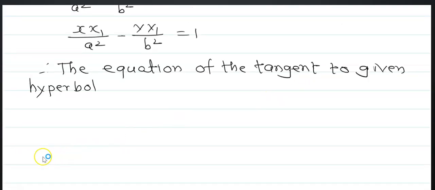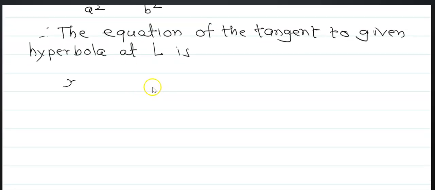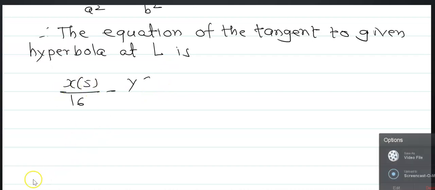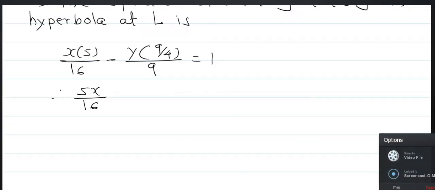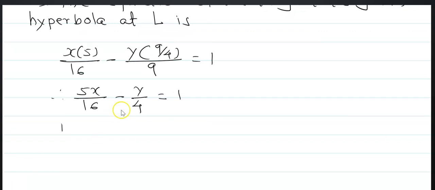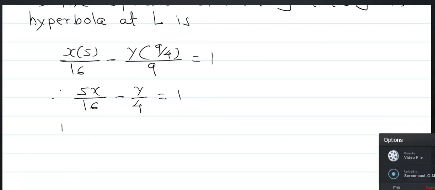Therefore, the equation of the tangent to the given hyperbola at L is x into 5 upon 16 minus y into 9 by 4 upon 9, that is equal to 1. 5x upon 16 minus y upon 4, that is equal to 1.